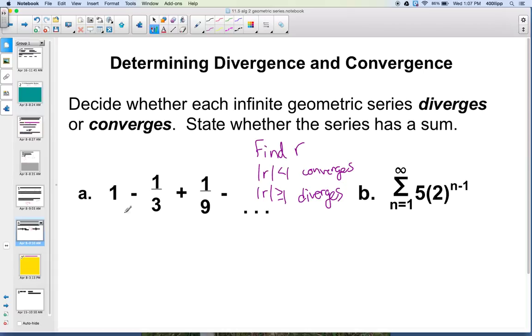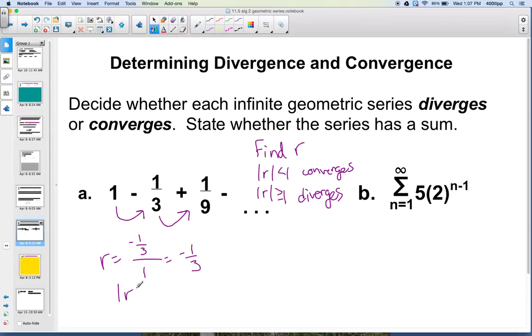So for this first one here, I want to see what I keep multiplying by to get to the next term. If we can't see it right away, I can take my second term, negative 1/3, divided by my first term, 1, and that will give me a negative 1/3. So I want to see which one of these cases my r, negative 1/3, satisfies.